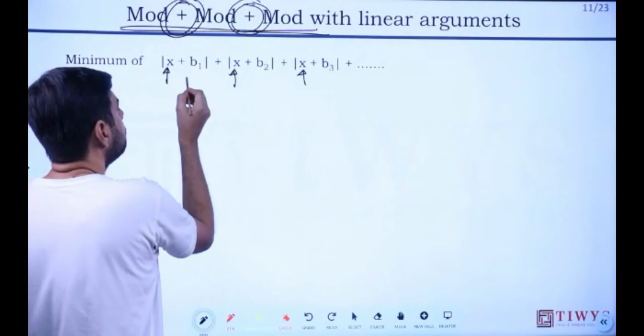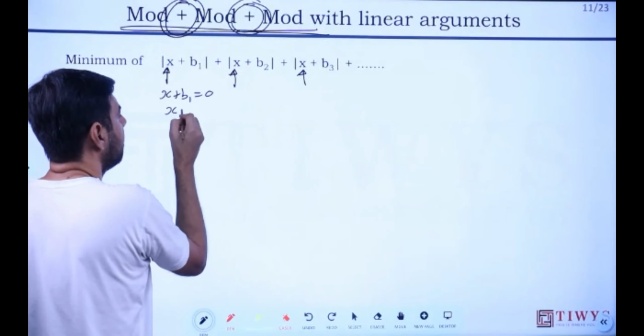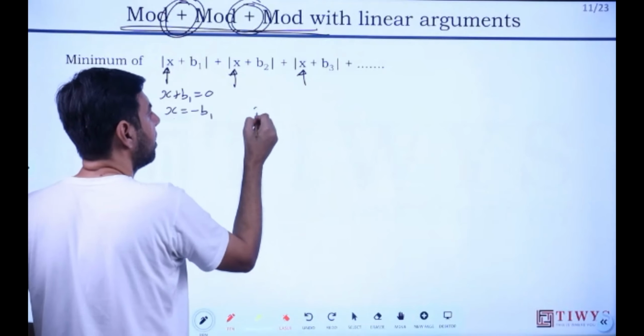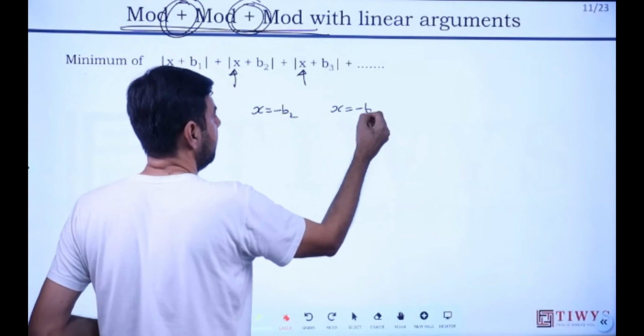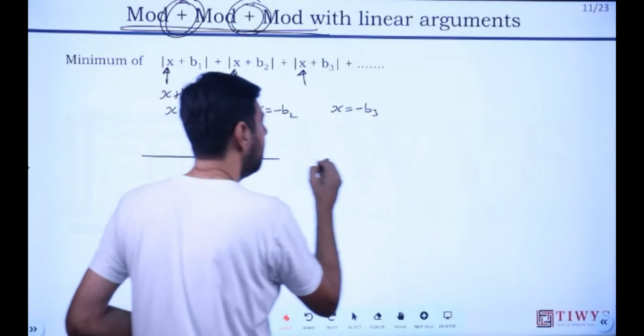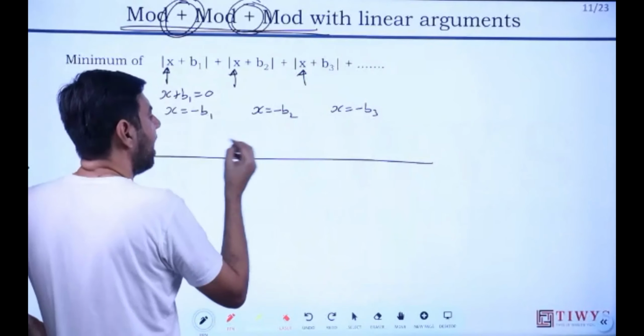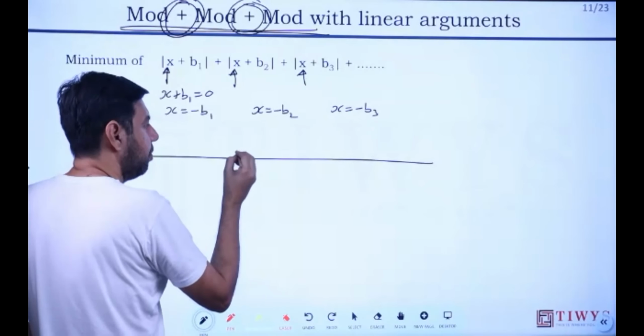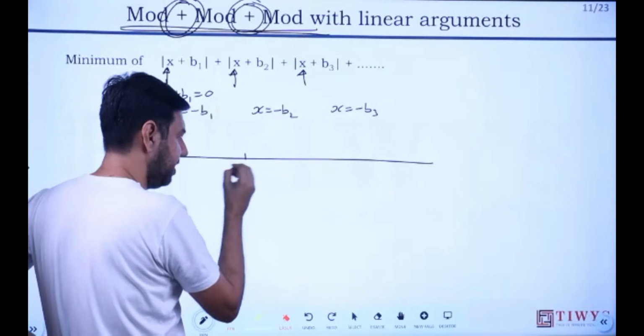You equate it to 0. x plus b1 is equal to 0, which will give you x is minus b1. This will give you x is minus b2. This will give you x is minus b3. Then you plot the points on the number line. Let me start with just 2 mods. So plot them correctly. Here I am just plotting them, assume this is on the left.